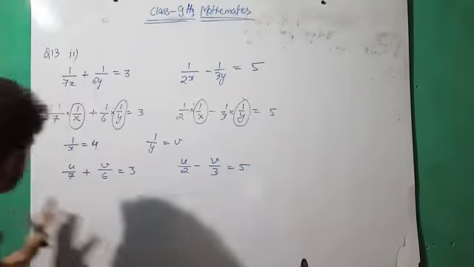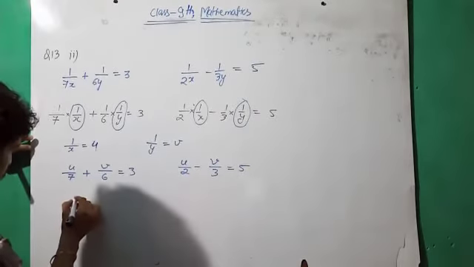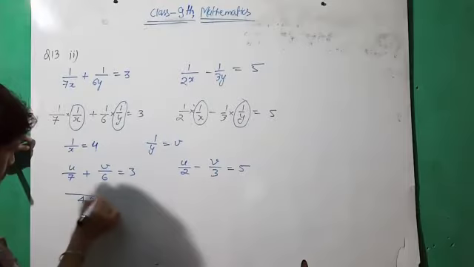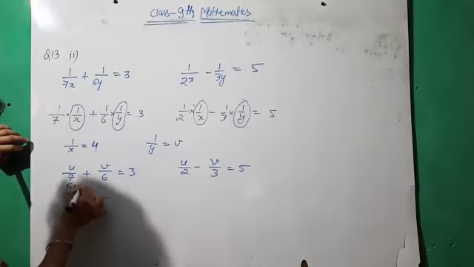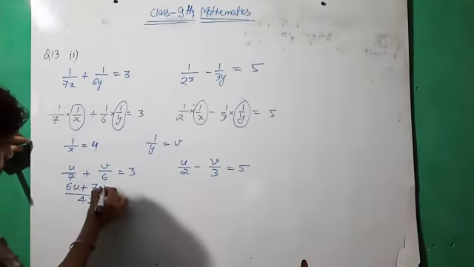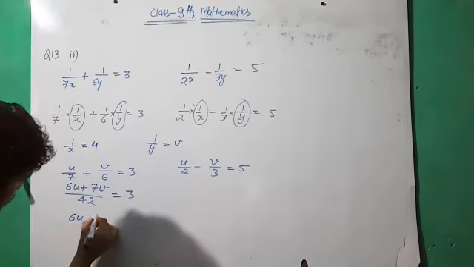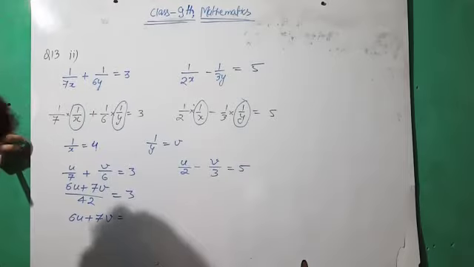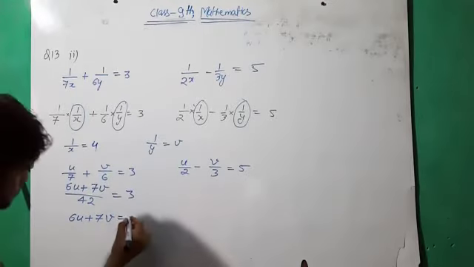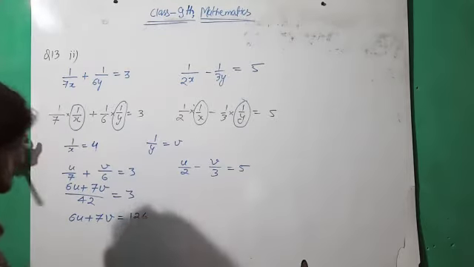Now take the LCM of both equations. 7 times 6 is 42, so this is 6u plus 7v equal to 42 into 3, which is 126.